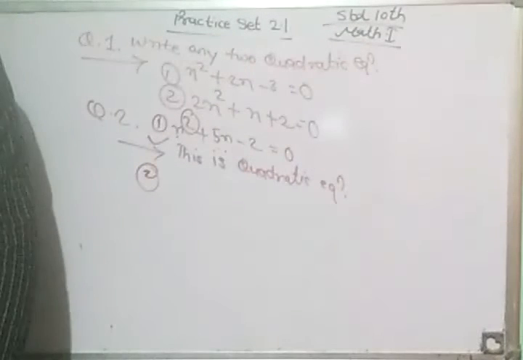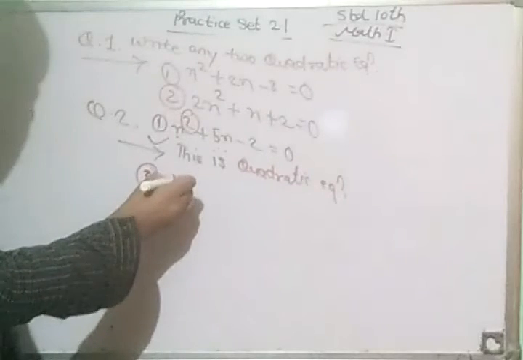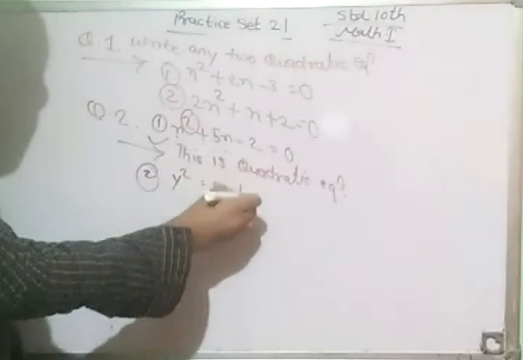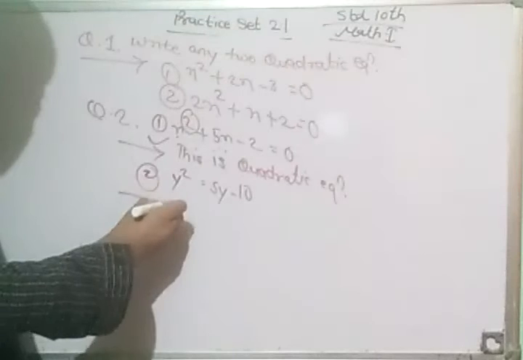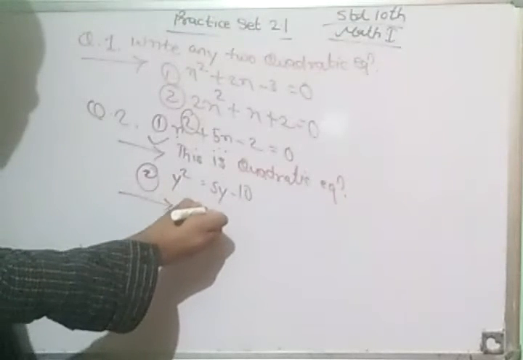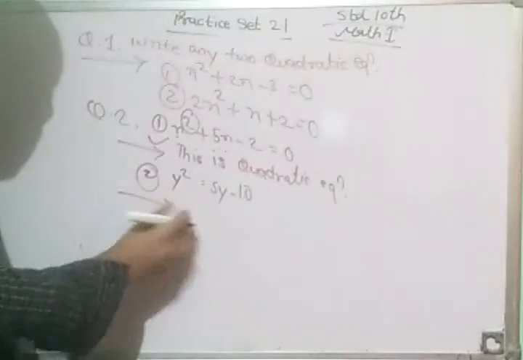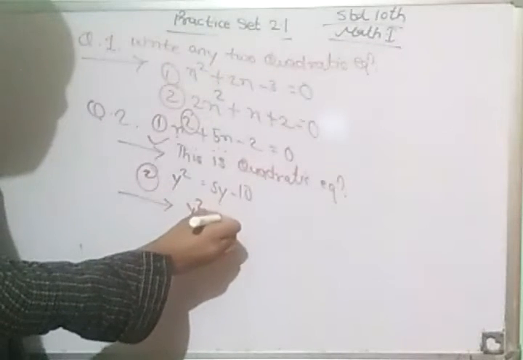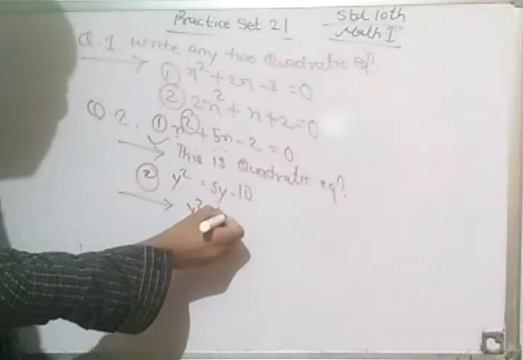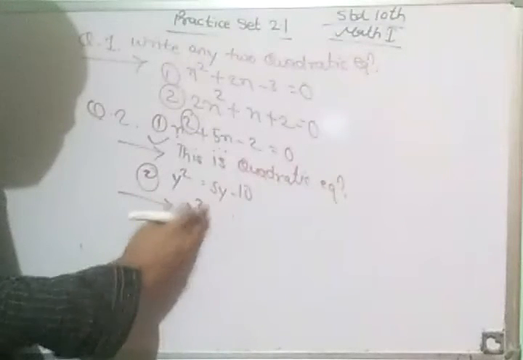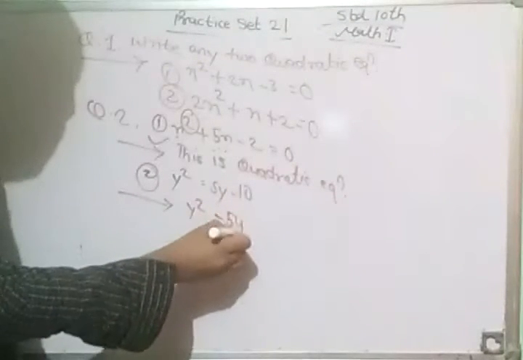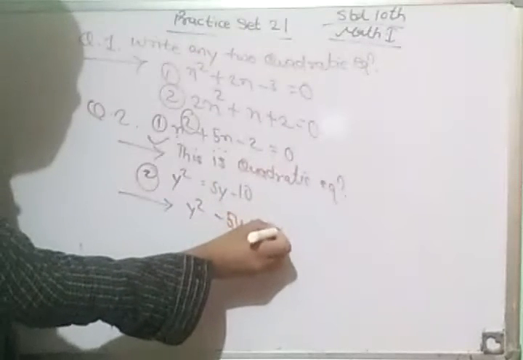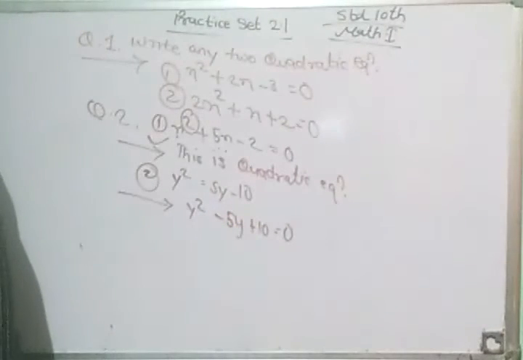The second example is y square is equal to 5y minus 10. First we write this equation in the standard form. 5y minus 10 changes position, so y square minus 5y plus 10 is equal to 0.